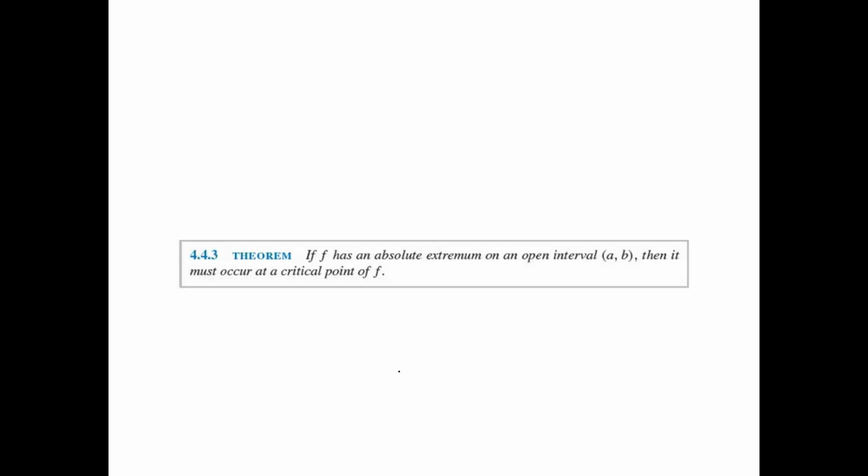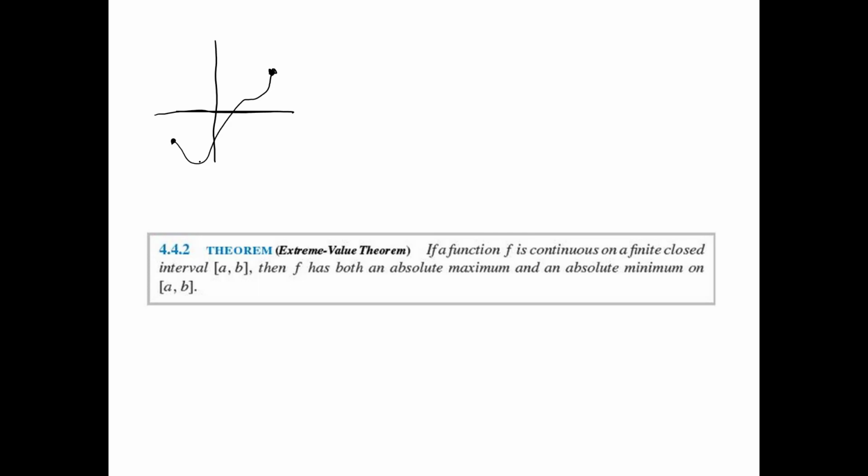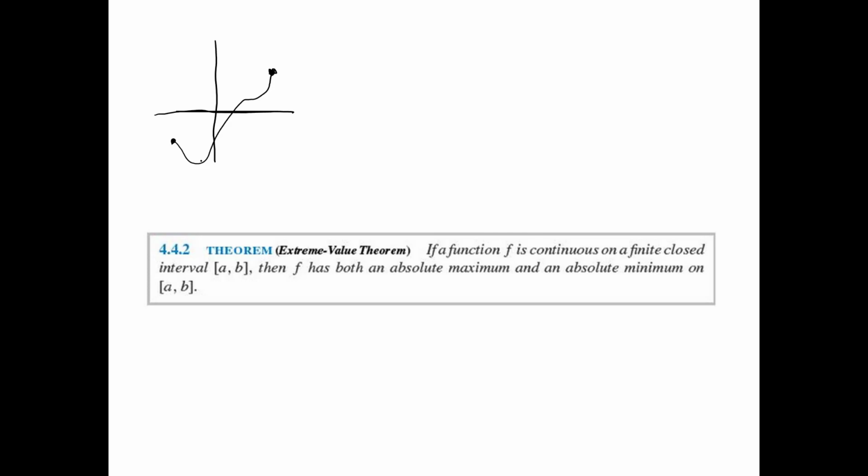Moving on, we're on to the next theorem that says if f has an absolute extremum on an open interval a, b, then it must occur at a critical point of f. So if you look at that last example that I drew, our absolute maximum was at an endpoint, but this theorem is talking about being inside the interval, not at the endpoints. And our absolute minimum was down here.